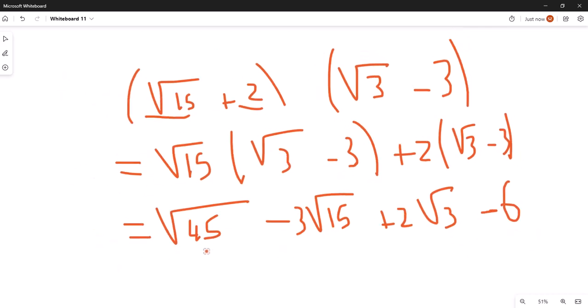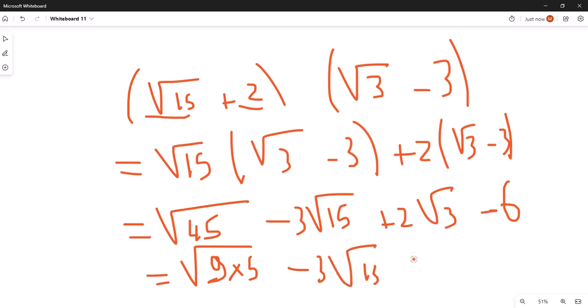We know that square root of 45 could be written as square root of 9 times 5. And square root of 15 cannot be simplified anymore, and square root of 3 also the same. And minus 6 is a number.